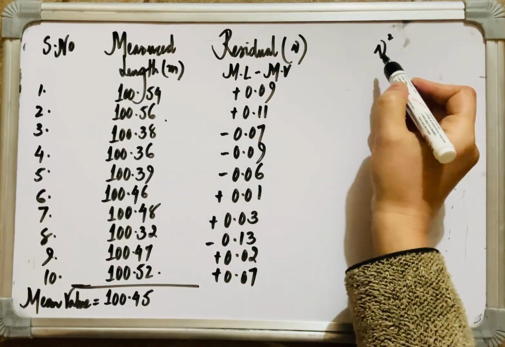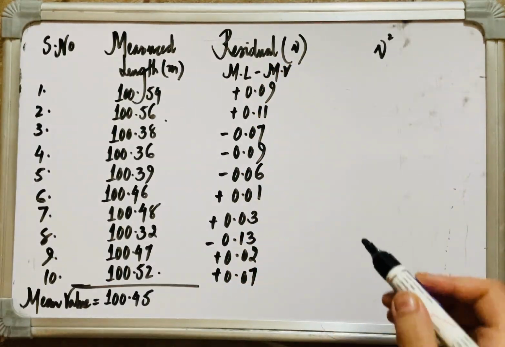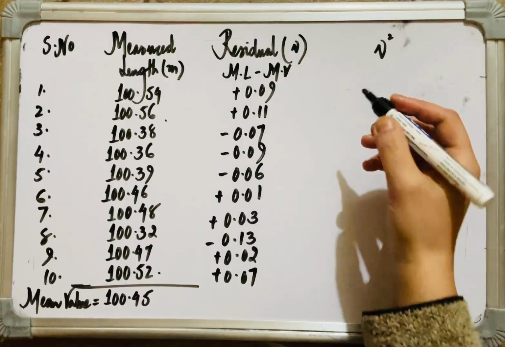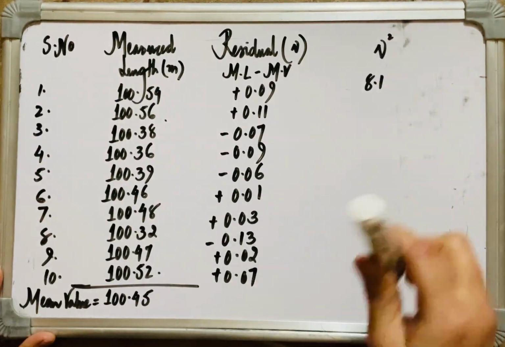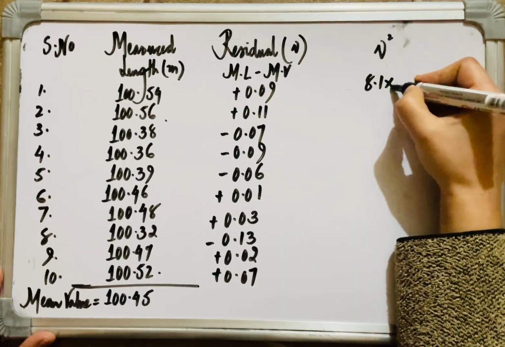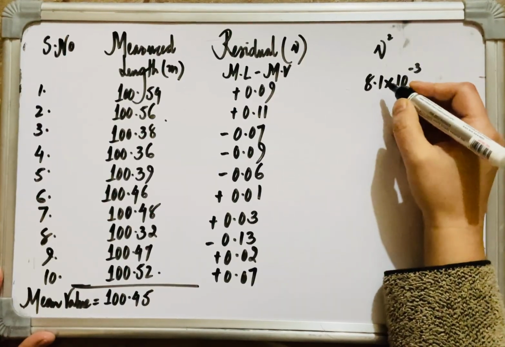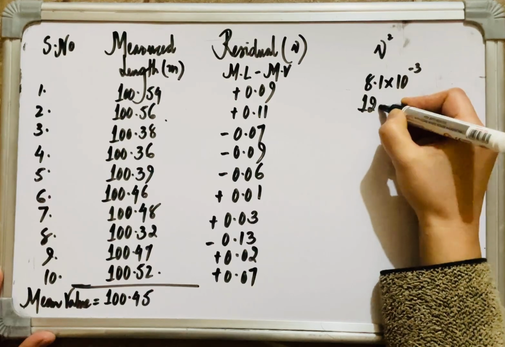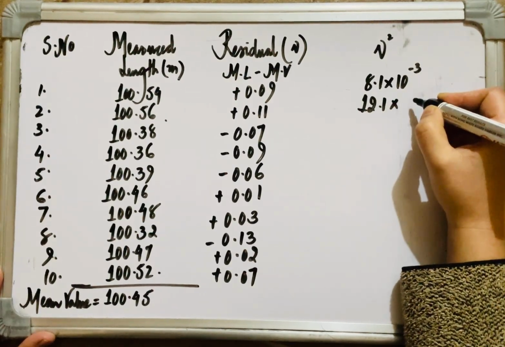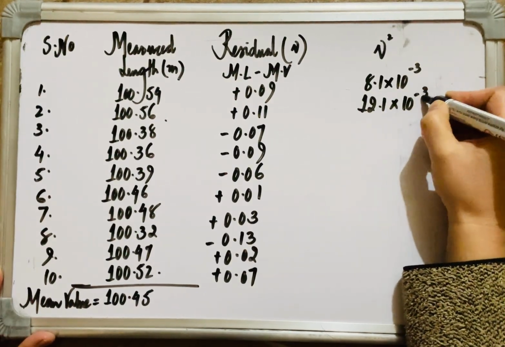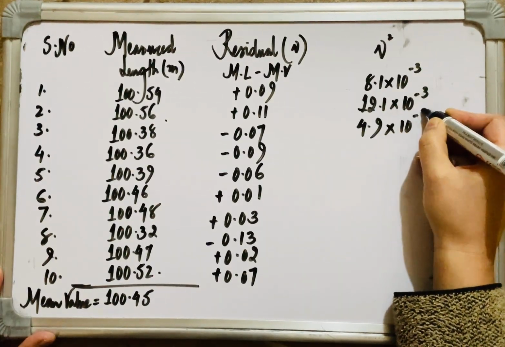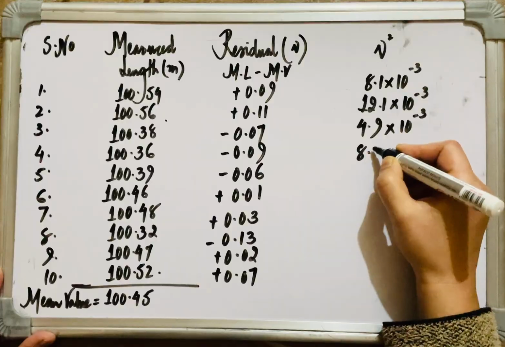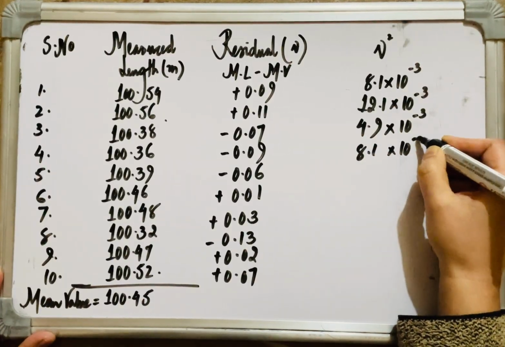This is the square of the variation. All right, so by calculations, the first one, square of every term, is 8.1 multiplied by 10 raised to the power minus 3. The second one is 12.1 multiplied by 10 raised to the power minus 3. 4.9 multiplied by 10 raised to the power minus 3. Next we have 8.1 multiplied by 10 raised to the power minus 3.